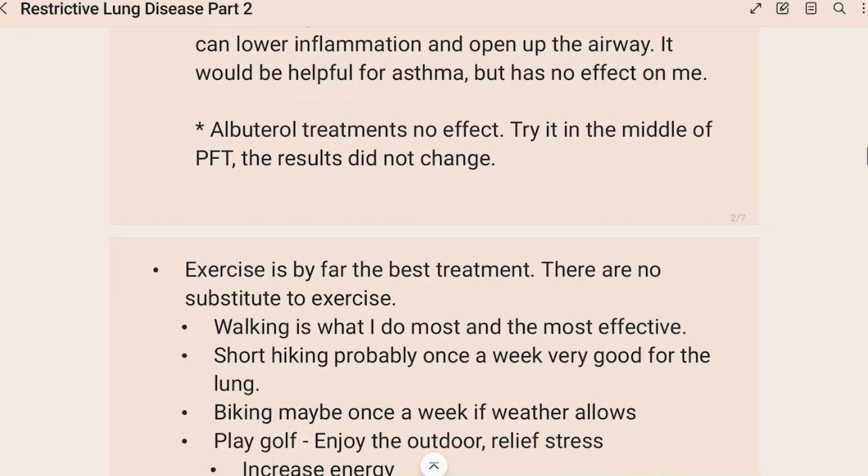I also tried this when I was doing the pulmonary function test. The technician gave me a binaural treatment. A binaural is, more or less, steroids to help open up the airway.